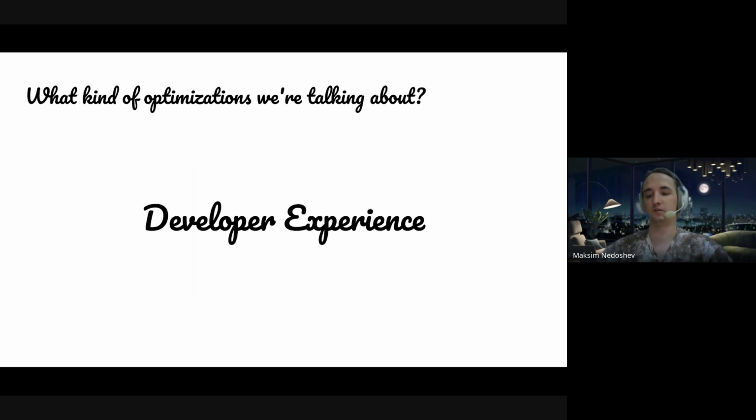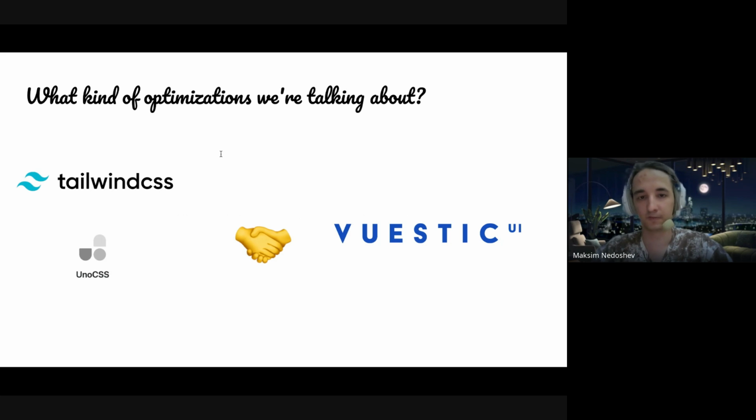Let's talk a bit more about developer experience, because the previous part was more about performance. For developer experience, firstly, we want to replace the CLIs and boring config setups. Right now, to integrate Vuestic with third-party solutions like Tailwind or Luna CSS, you need to spend time on reading docs and configuring your development environment.